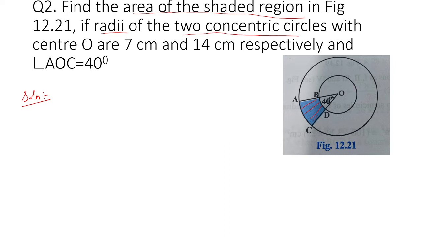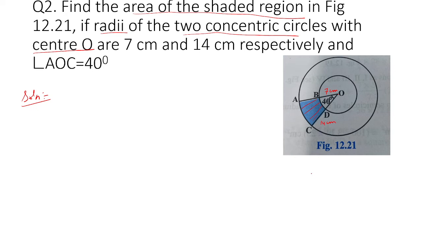With the radius of these two concentric circles with center O, this is the center O, are 7 centimeter and 14 centimeter. So very easy for us to find. Obviously, they are saying one circle has radius 7 centimeter and the other circle has radius 14 centimeters. So obviously the smaller circle will have the smaller radius and the bigger circle will have the bigger radius, right?